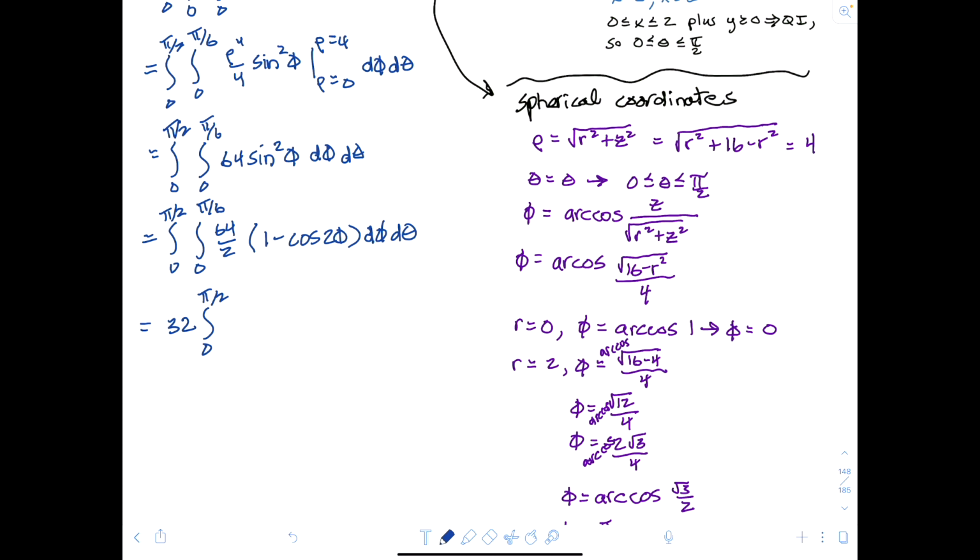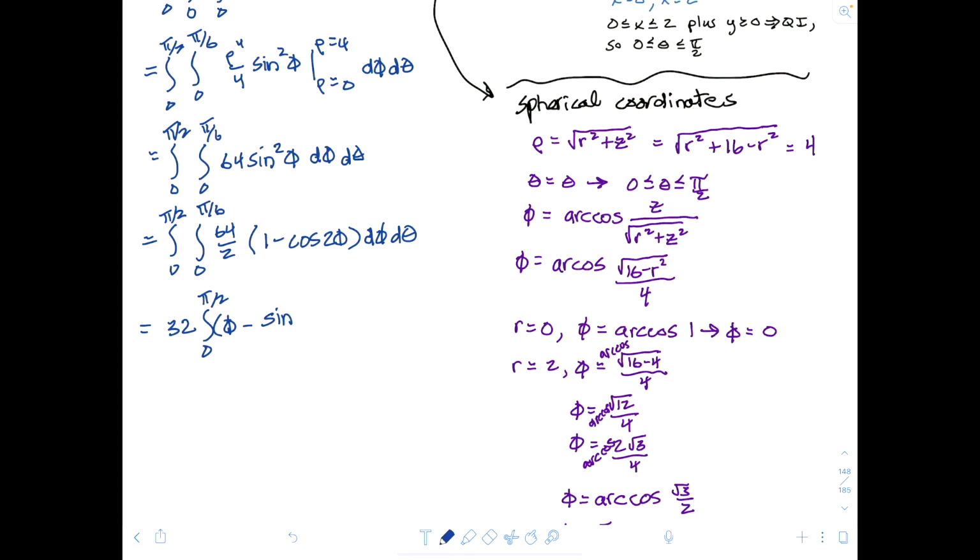So we'll end up with phi for the integral of 1 with respect to phi, and then the integral of cosine 2 phi with respect to phi is going to be sine 2 phi over 2, and that's going from phi equal to 0 to phi equal to pi over 6.